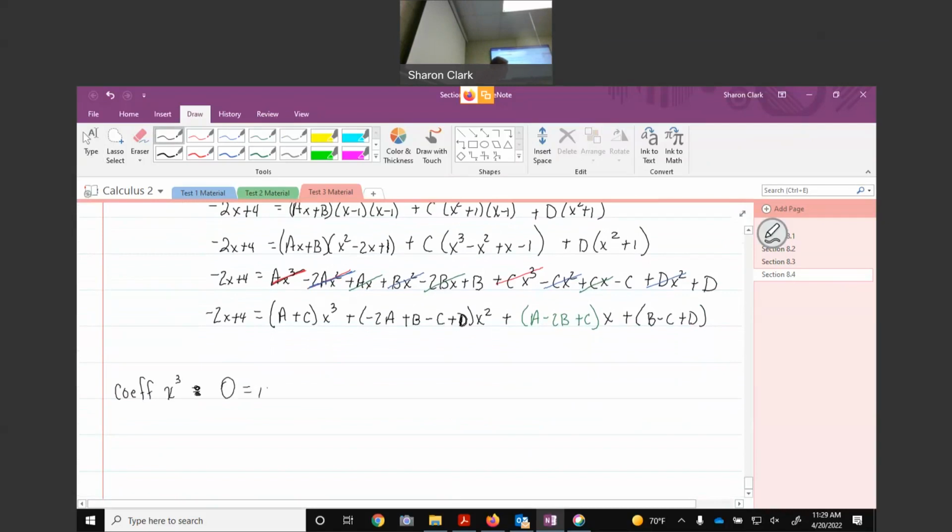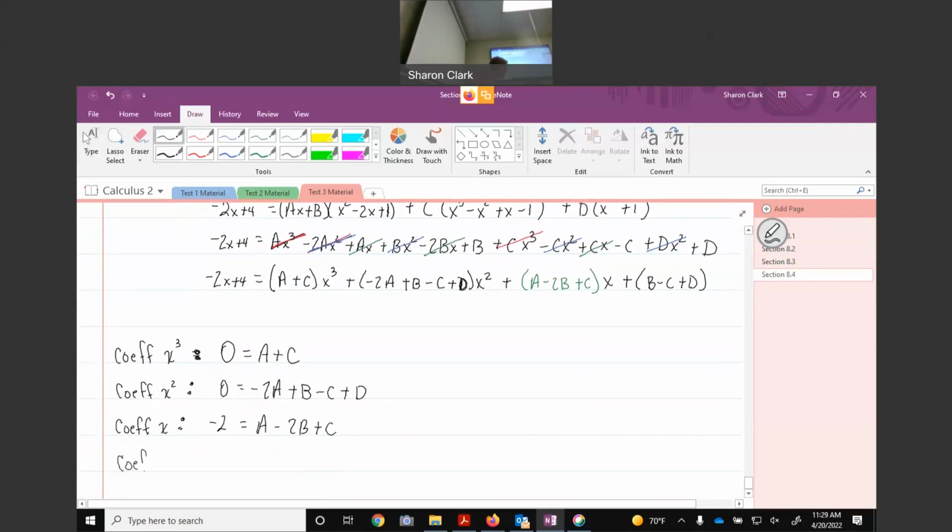So 0 equals A plus C, the coefficient of x cubed, and then the coefficient of x equals A minus 2B plus C, and 4 equals B minus C plus D. So from here, we get A equals negative C.